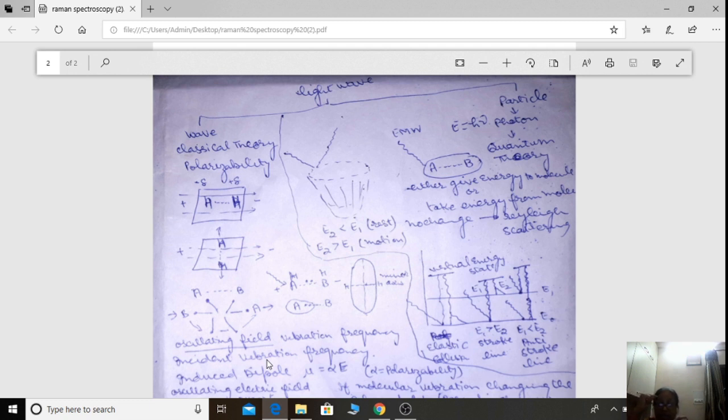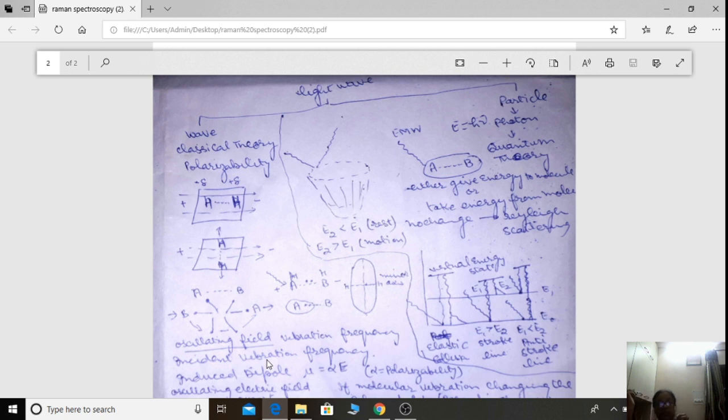In this case, the energy of scattered radiation is greater than the energy of the incident radiation. This is called anti-Stokes line. So all this is about quantum.